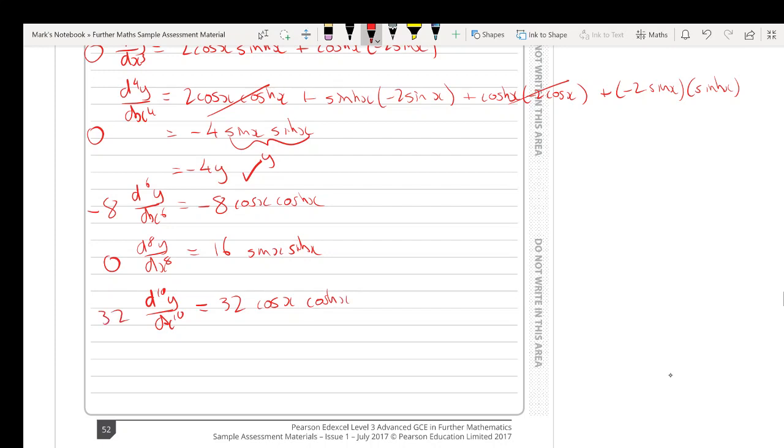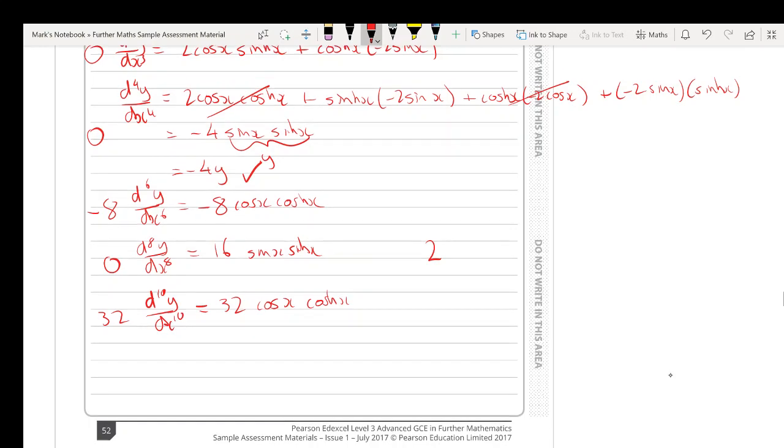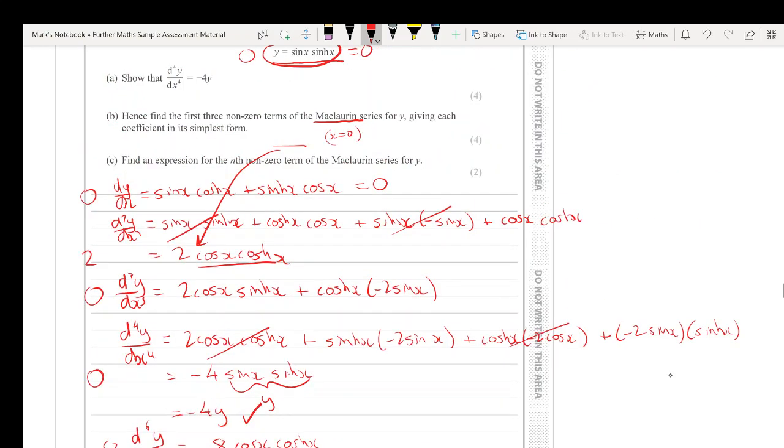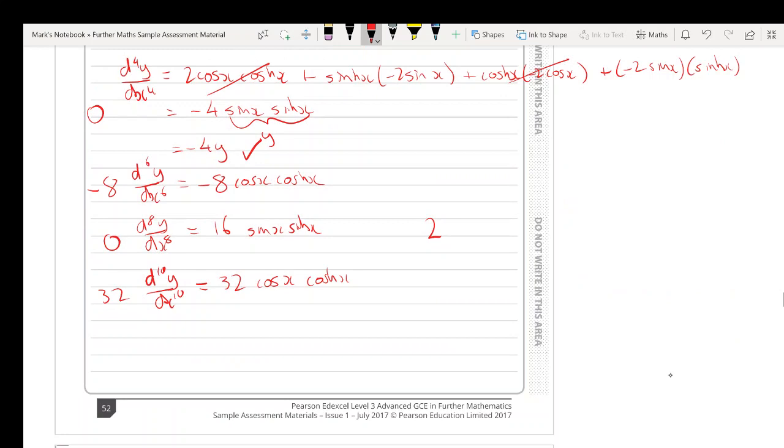So most of them are 0, but the non-zero coefficients will be the 2, then it'll be the minus 8, and then 32.